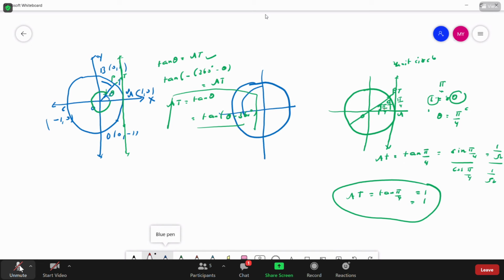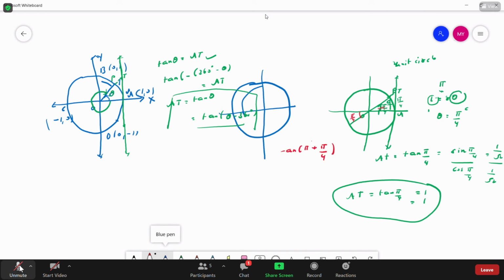If I extend this same line, what is this total angle? 180 minus 45, or 180 plus 45? This is 180, this is 45, right? Vertically opposite angles are equal. This is 5/4 radian. So the total, from here to here, this is 5, 5 plus 5 by 4, right? Tan of 5 plus 5 by 4.